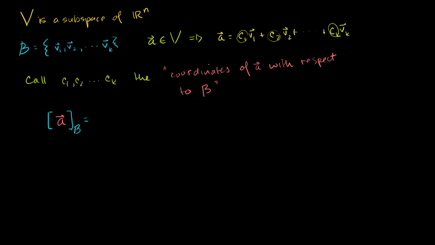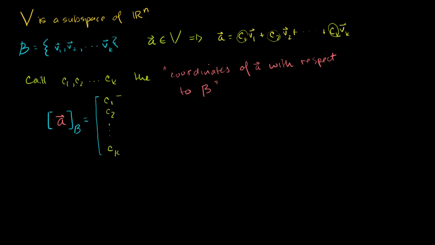And this says I'm going to write this in coordinates with respect to this basis set. So I will then write it like this. I'm just going to put these weights there, these constant terms on the linear combination of my basis vectors to get A. So C1, C2, all the way to Ck.